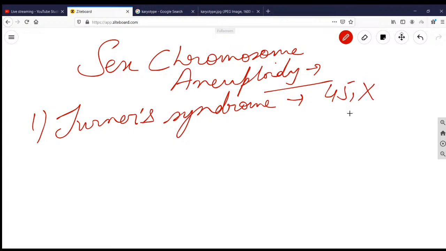You write it like this: 45,X, or we write it as 45,X0. Both mean the second partner of the X, either Y or second X, is not present. Only one sex chromosome is present, so the total number of chromosomes is 45, not 46. This is present in a newborn girl, which is not really a girl now because one of the X chromosomes is missing. The newborn will have a redundant neck.